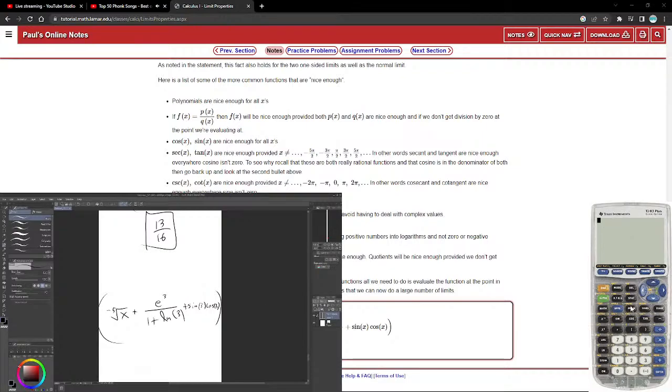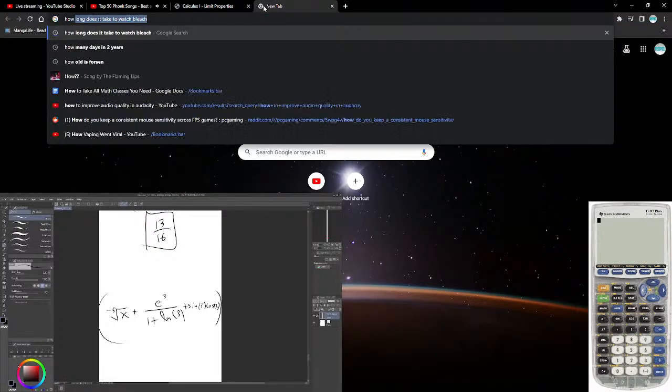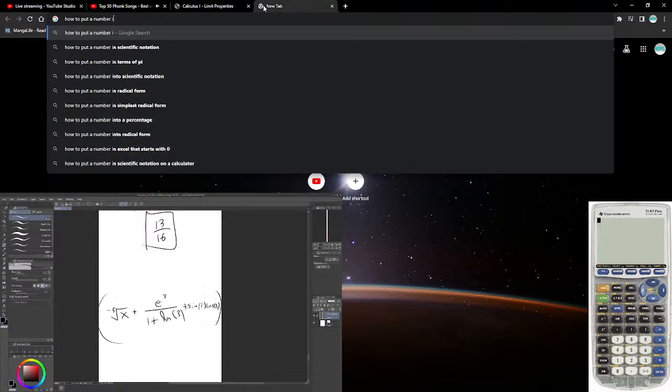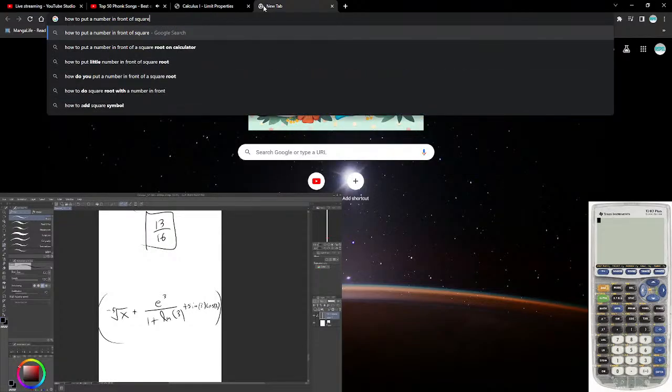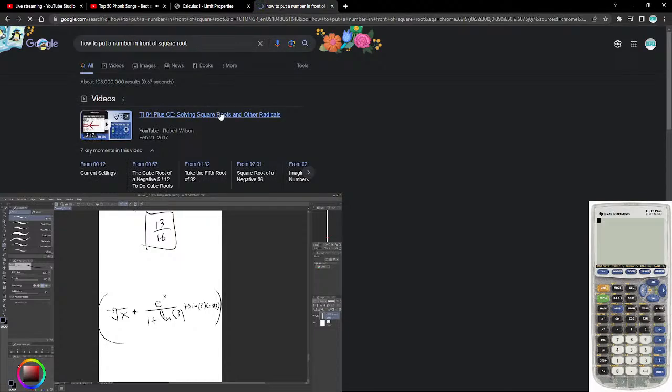So we got negative, wait, how do I type this in? How to put a number in front of the square root. Wait, that's not what I want.